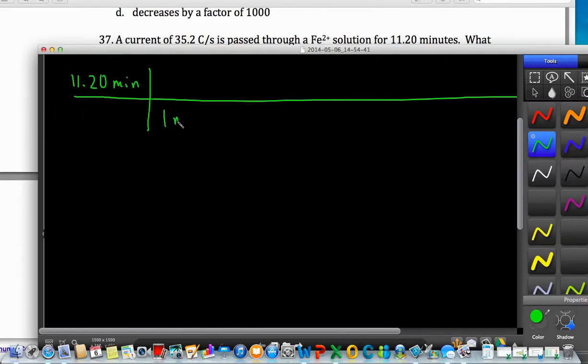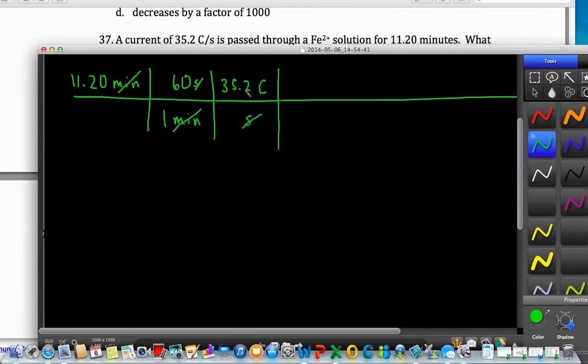We know that 1 minute is 60 seconds, and we need it in seconds because current is in amps, but that's a coulomb per second. So we have 35.2 coulombs per second.